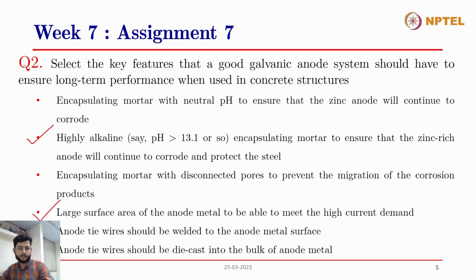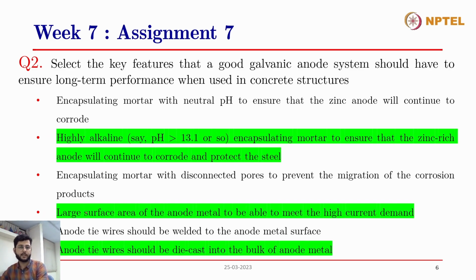And the anode tie should be die cast because it will give more surface area of the tie to get the electrons from the zinc. Welded things may get loose from the surface of zinc. So I think these three are the correct options. Okay, thank you, Orko. Yes, you're right. Rightly mentioned.